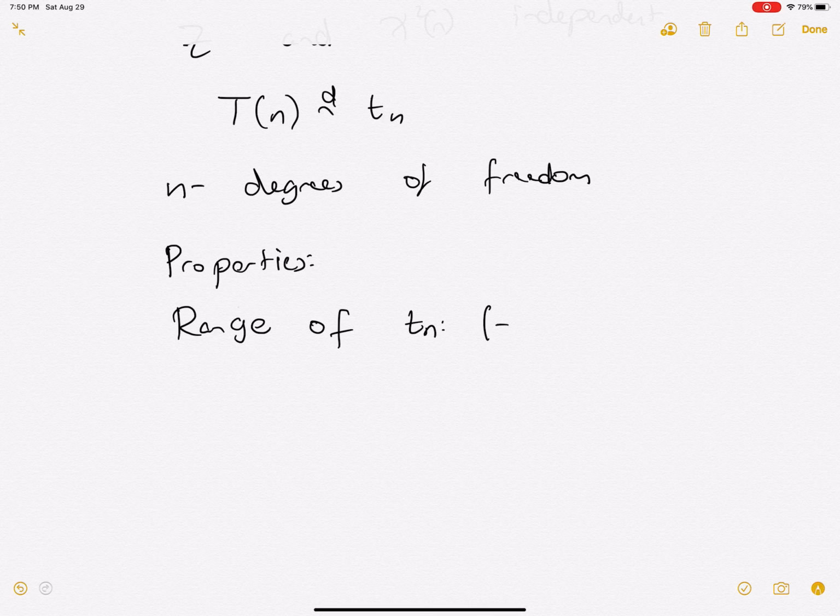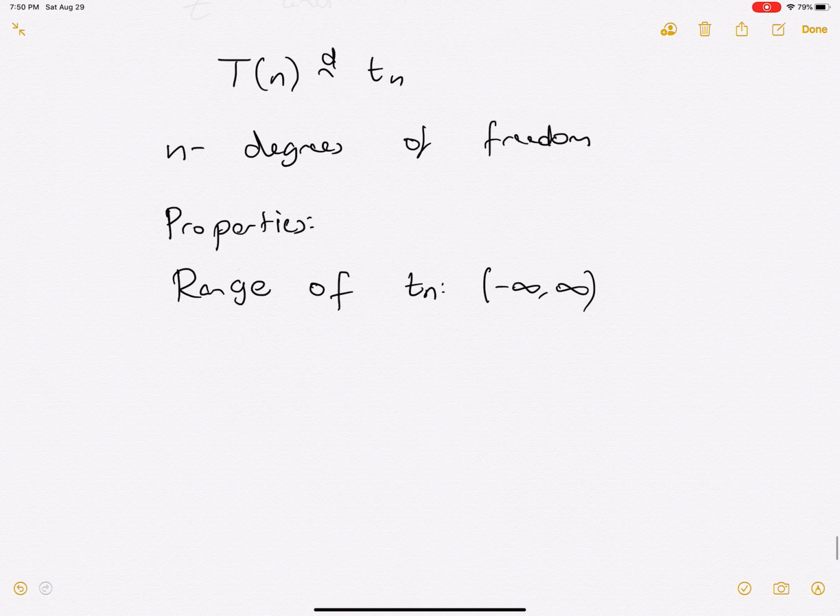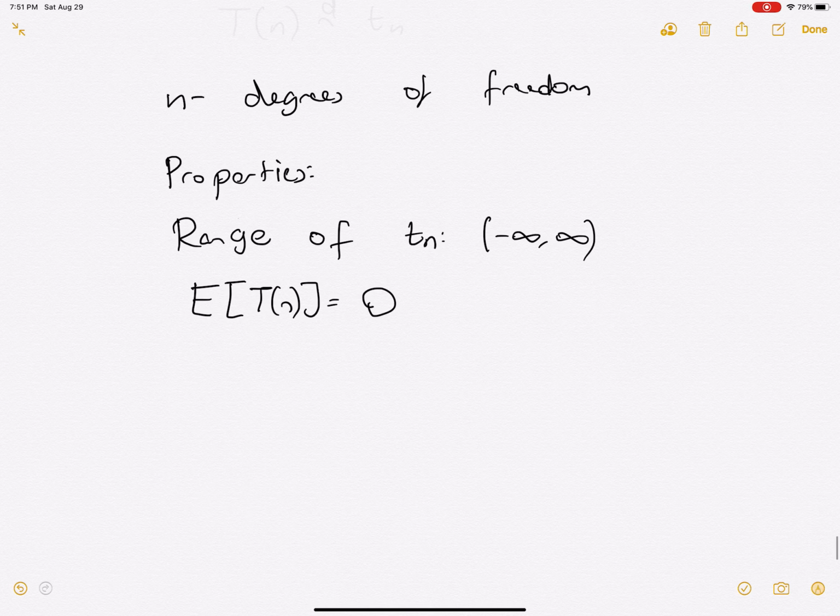So the range is going to be negative infinity to infinity. I'm not going to go through this calculation, but I'll give a little description of it shortly. We have the expectation of T of n is 0, and the variance of T of n is n over n minus 2.